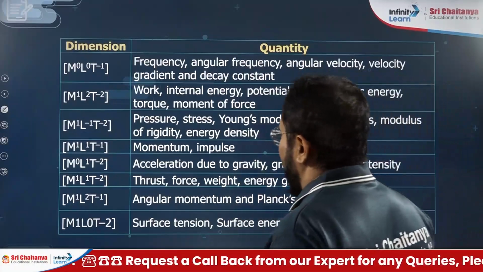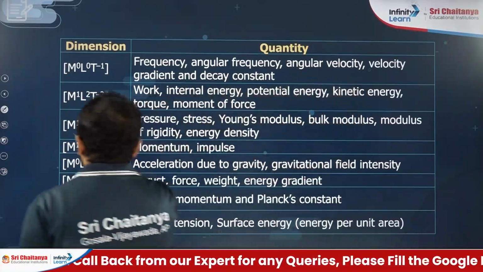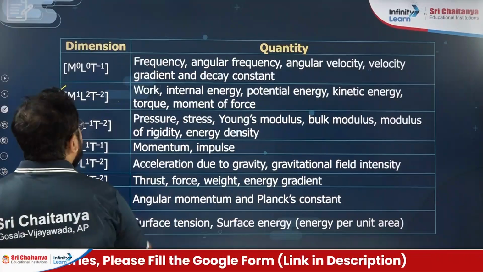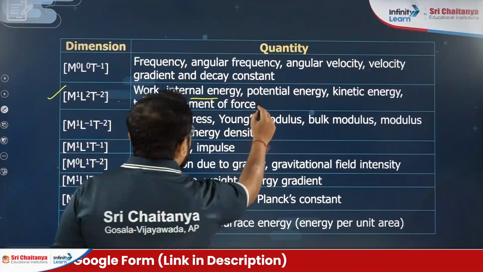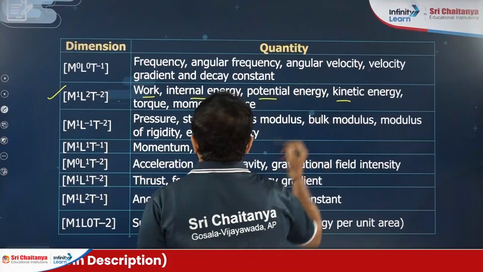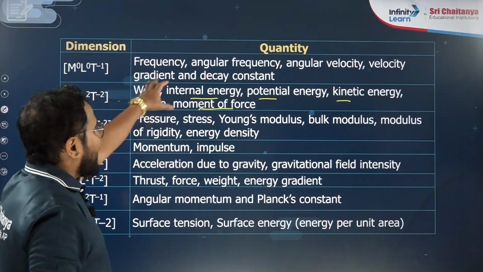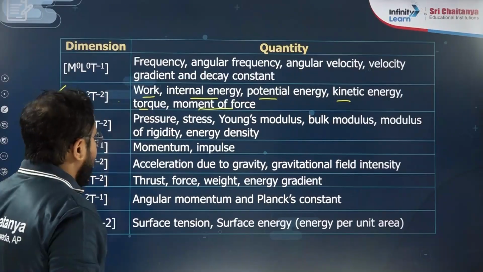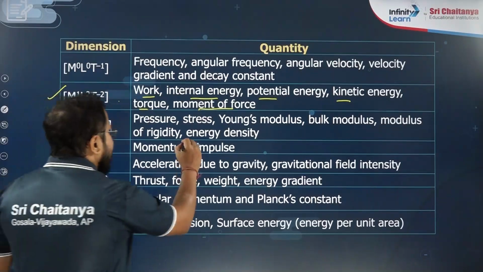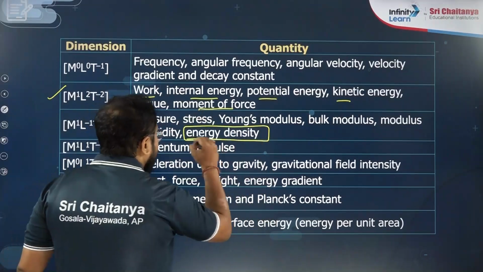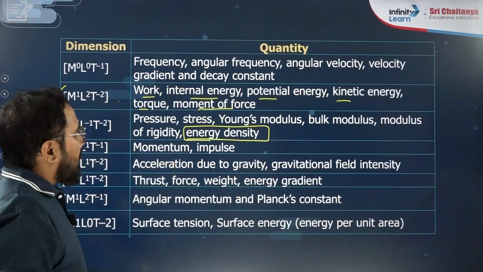These are some dimensions. When you learn this dimension, you will cover these many quantities, like work, internal energy, potential energy, kinetic energy, moment of force, torque. So many quantities you are covering with one dimension. Like energy density, most students get confused about the energy density dimension. Energy density is what?